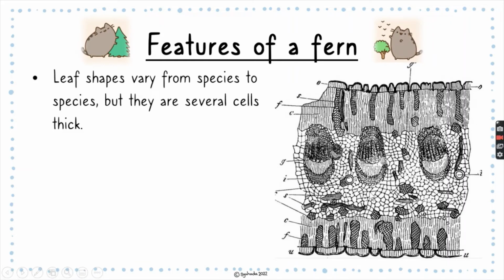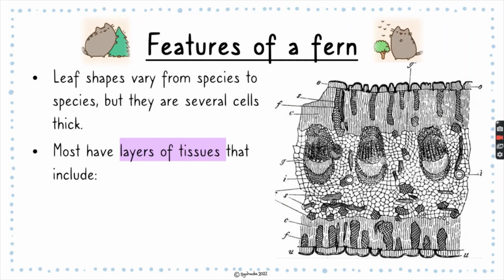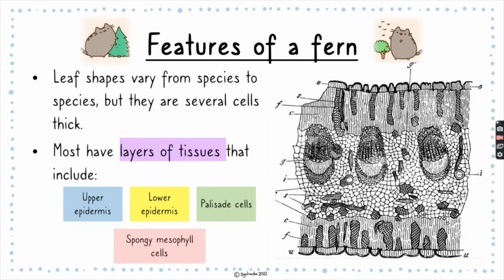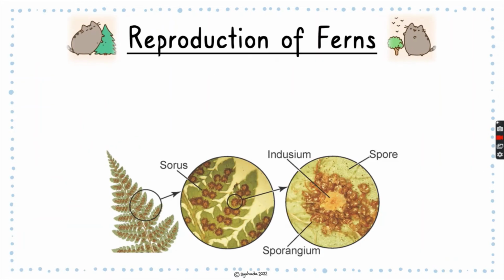And you can see that the types here are pretty much different. When they look the same, that means that they have a similar function. So those are actually different tissues. Most have layers of tissues that include upper epidermis, lower epidermis, palisade cells, spongy mesophyll cells. So these are just names of layers of tissues. So all you have to do is just remember the names.